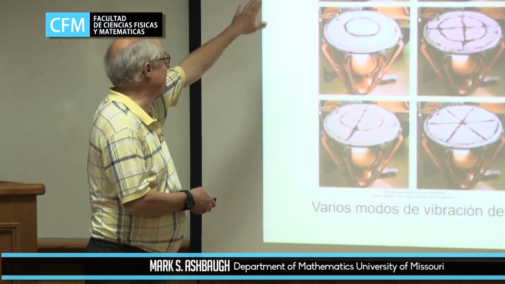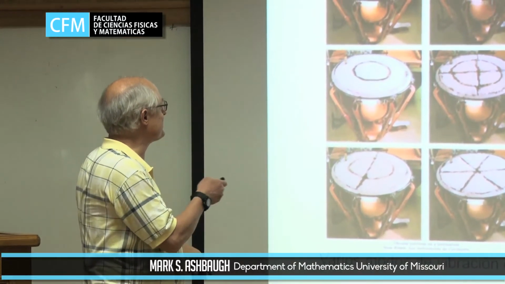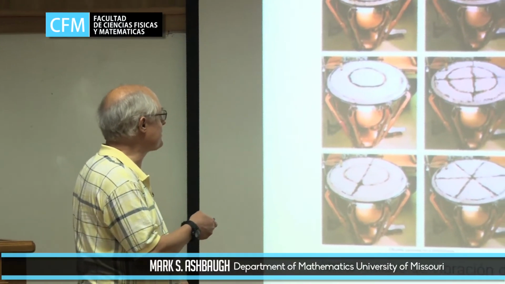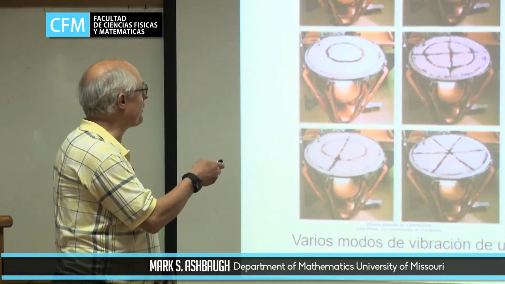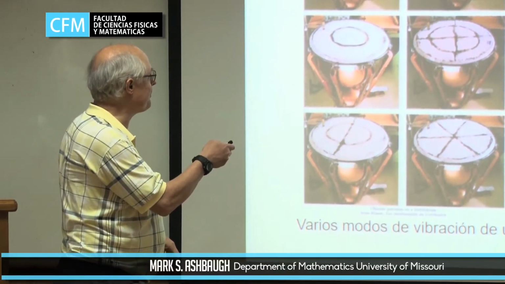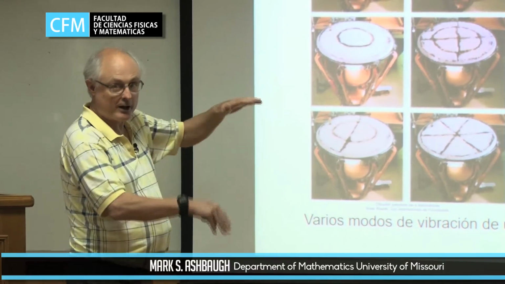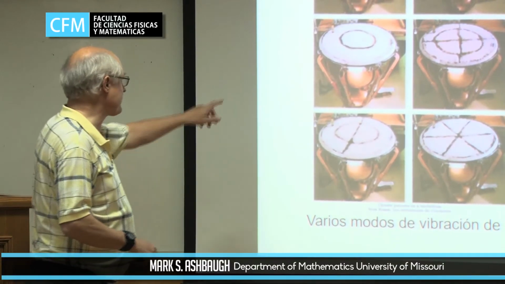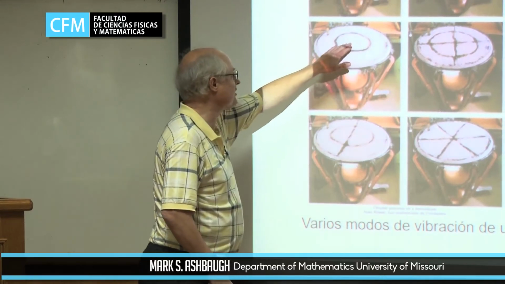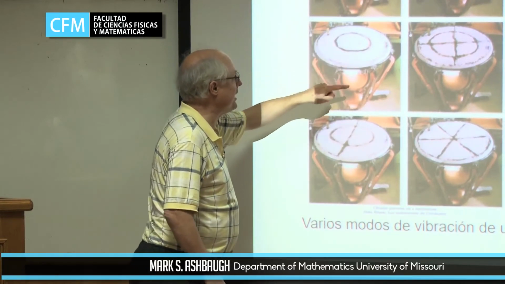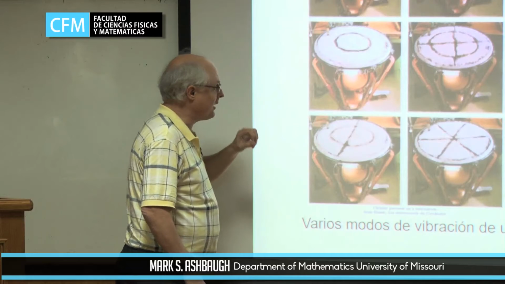And in that case, the sand just spreads to the side and you don't see any interesting patterns. But then there's a mode where when that is up, that is also up, and then the other two pieces there would be down, and then those are vibrating up and down in that way. Or there's a mode here where when this central part is up, the ring around it is down, and vice versa, and so forth.